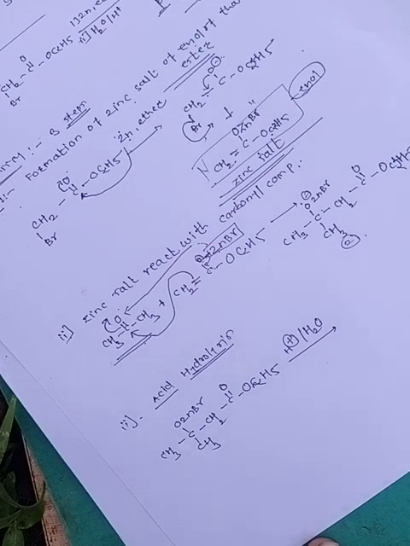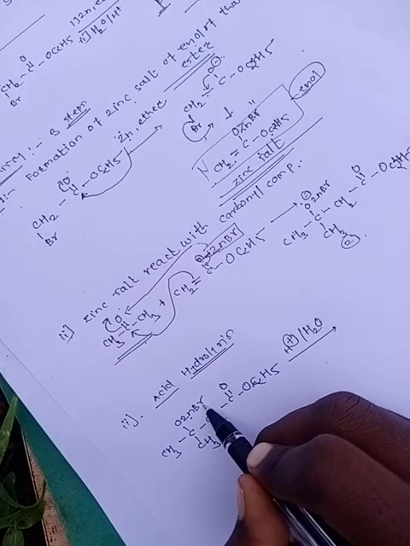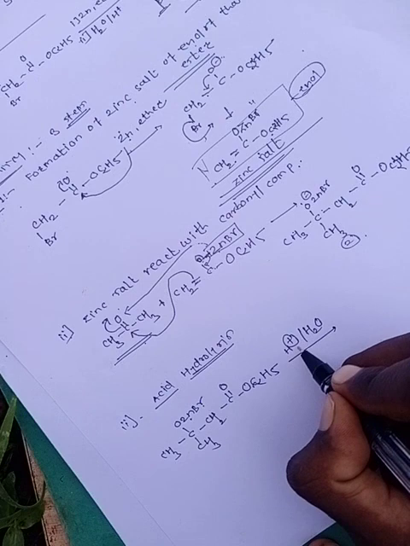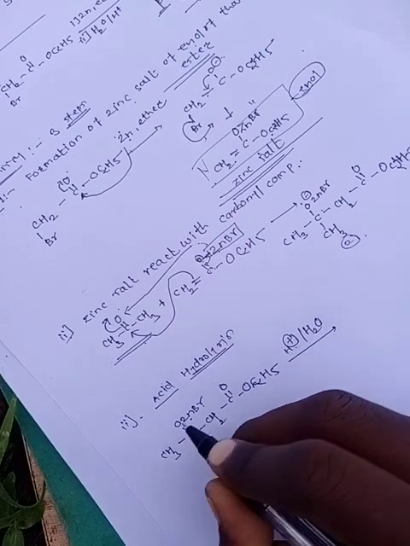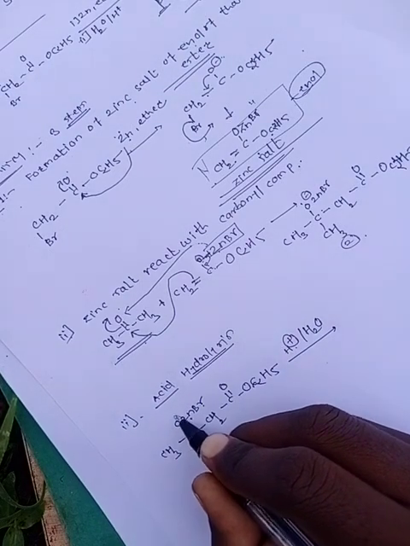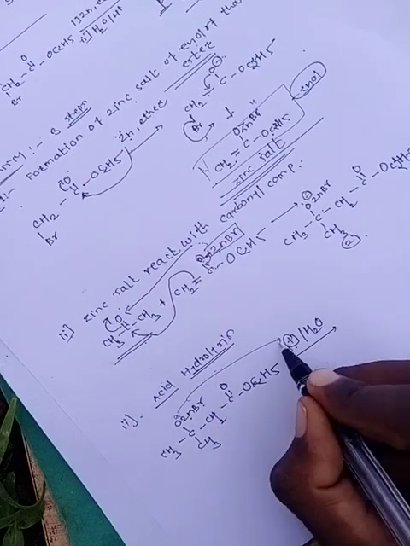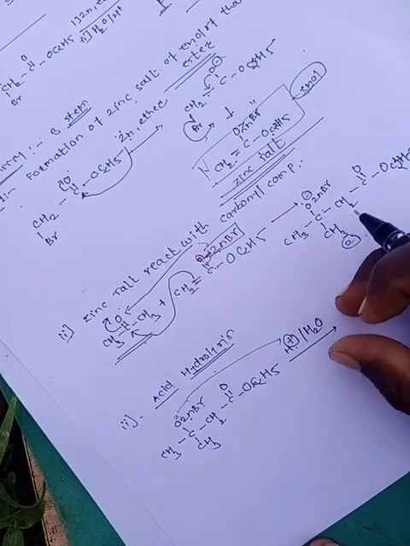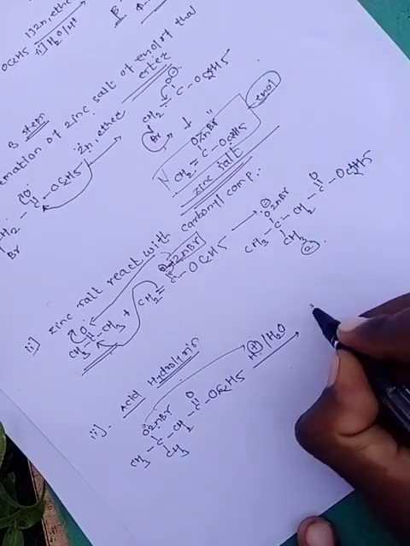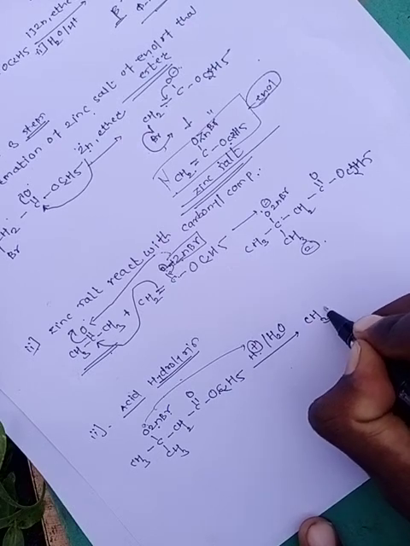Then this ZnBr gets removed, and this O minus abstracts a hydrogen from the acid, and the product is obtained.